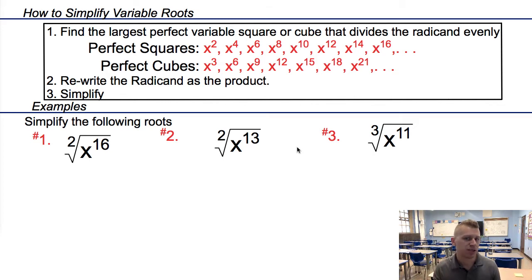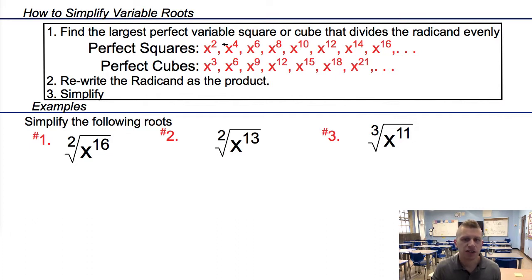Those ones have exponents that are multiples of 3. If I was looking at something that had an index of, let's say, not 3, but an index of 4, you could imagine the exponents would go x to the 4th, x to the 8th, x to the 12th, and just multiples of 4.